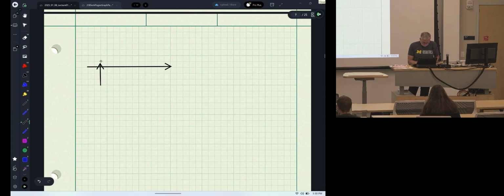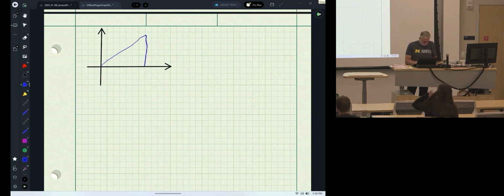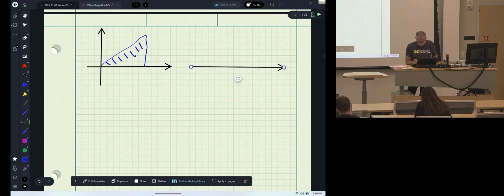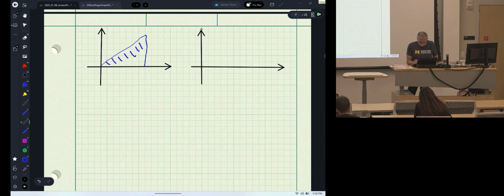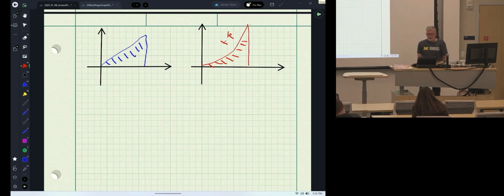So that's an area under a triangle. Okay, so this is what we're going to go after.